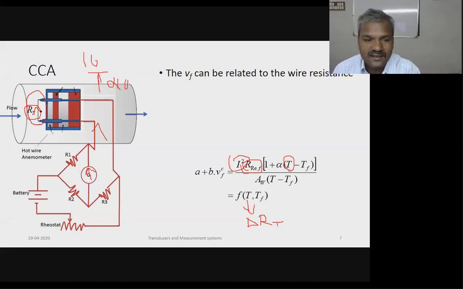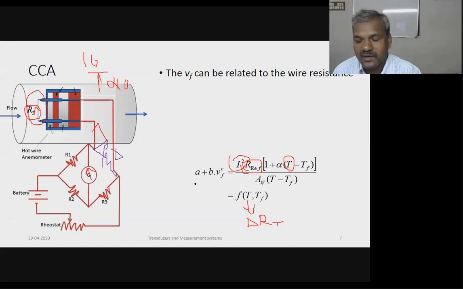So there is a change in resistance. This is the resistive wire. When the resistance increases or decreases, there will be a deflection in the galvanometer. So the deflection in the galvanometer is a measure of the fluid flow here. So this is the principle behind constant current anemometers.